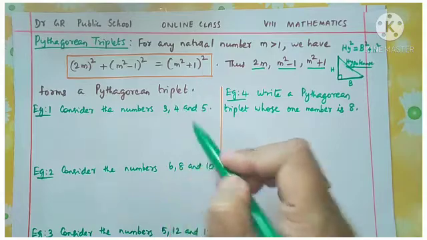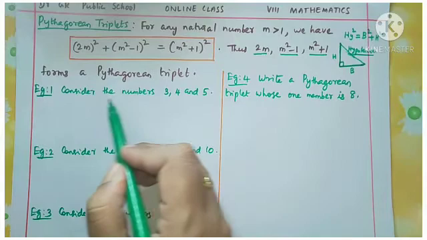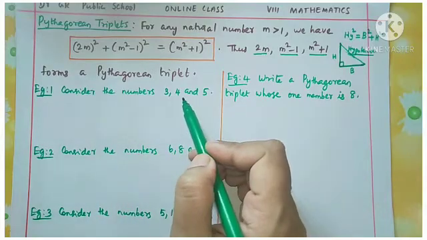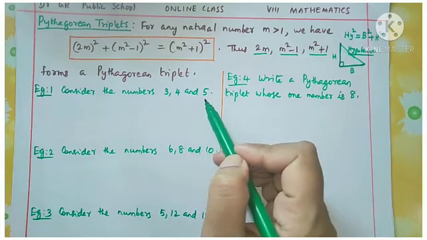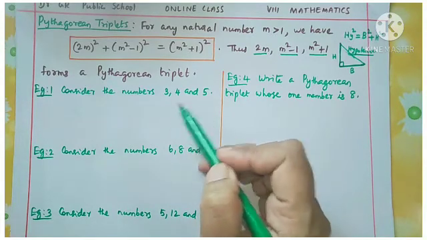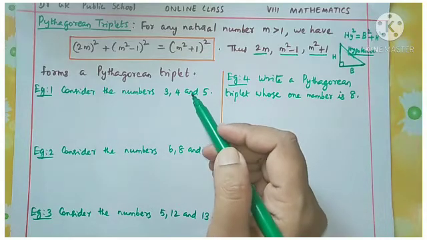Okay, now we are going to solve the problem. Consider the numbers 3, 4 and 5. Three numbers are given here. We are going to check whether they are Pythagorean triplets or not.